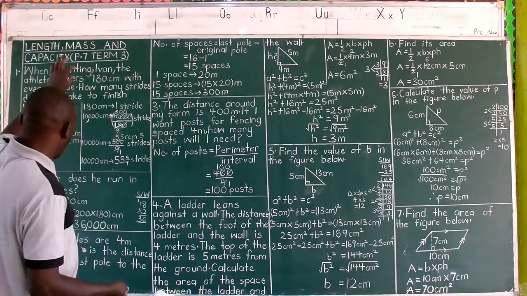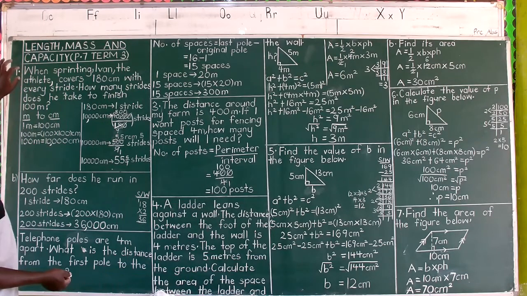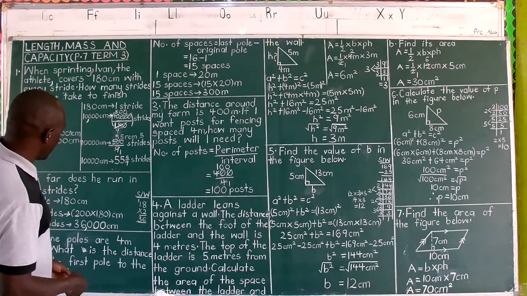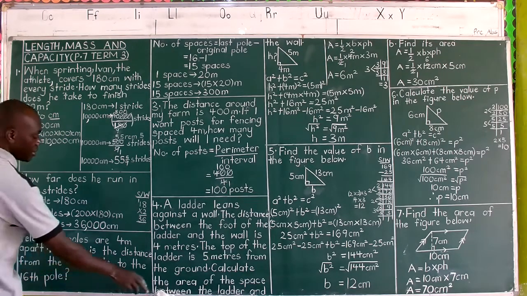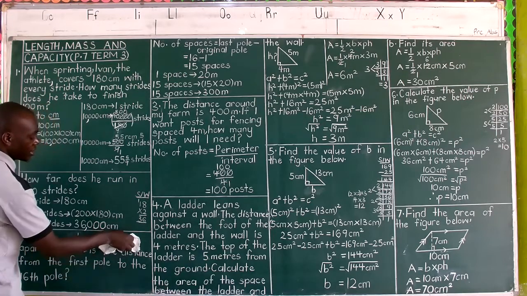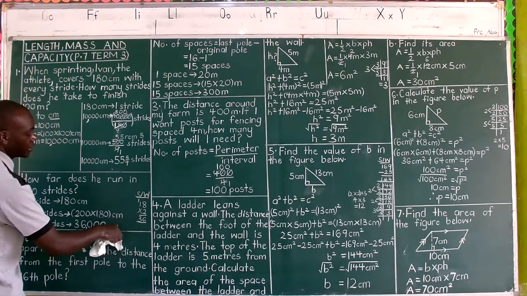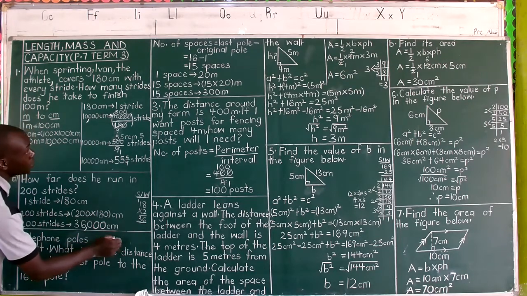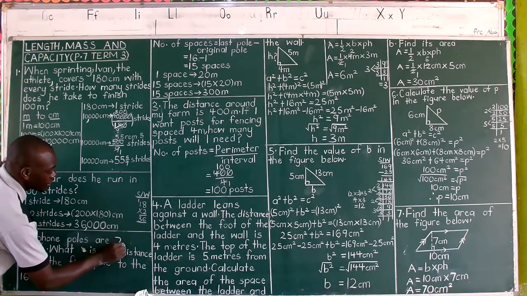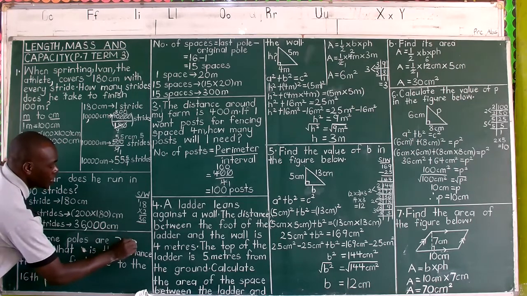So we start working out each of 4 meters. Actually, this 4 meters was supposed to be 20 meters. So these are telephone poles that are 4 meters apart, which is not working. So it's supposed to be 20 meters, so that the question reads well.